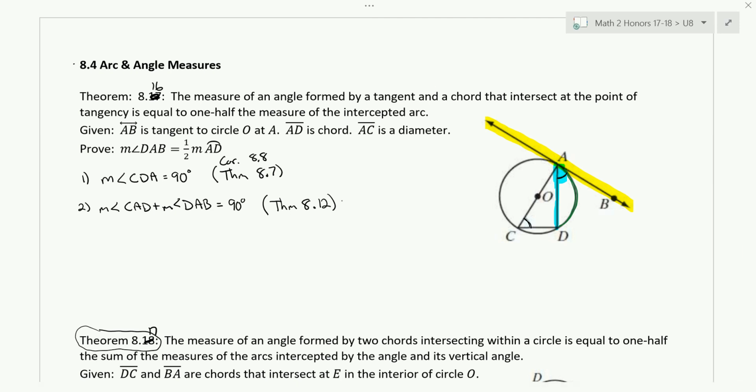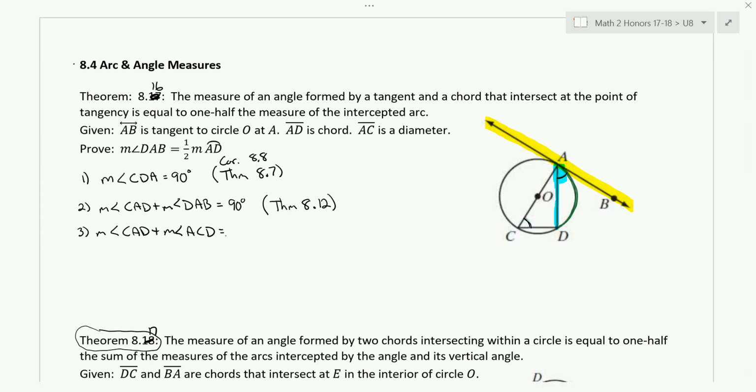So we're still trying to see, why are these two angles congruent? We're getting somewhere here. What can you tell me about the measure of angle CAD plus the measure of angle ACD? Equals 90 degrees.